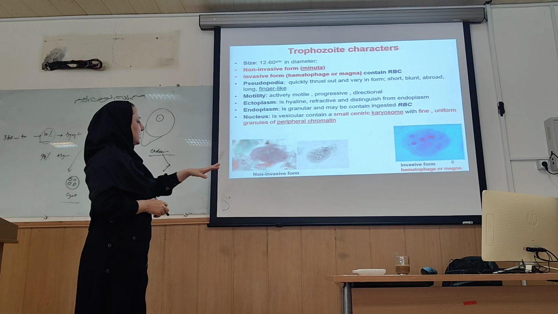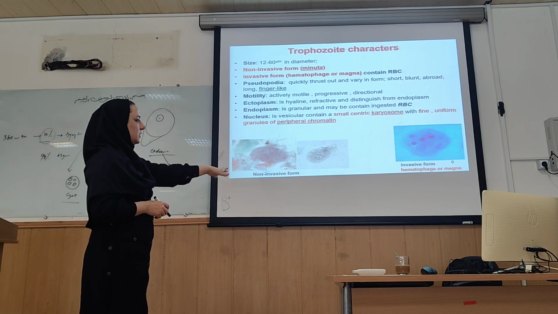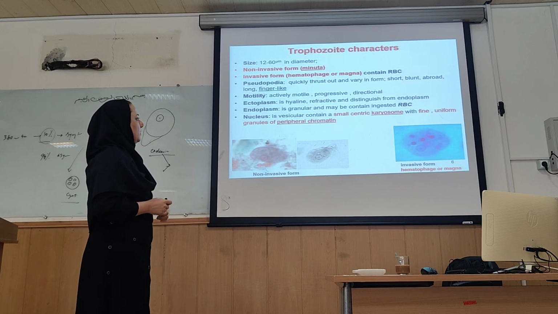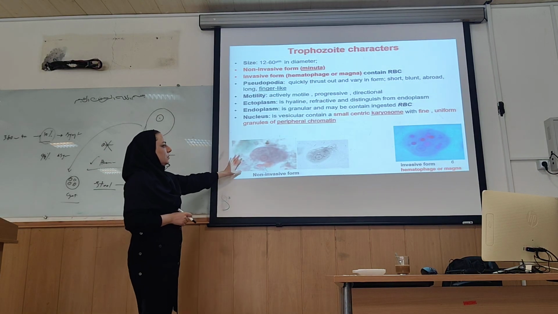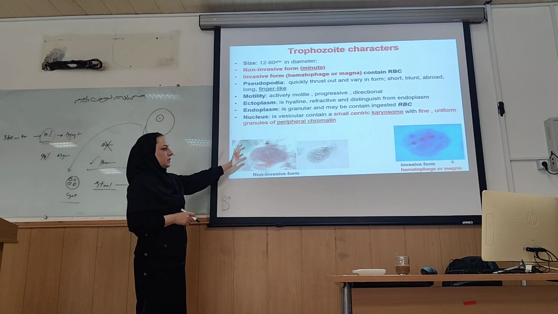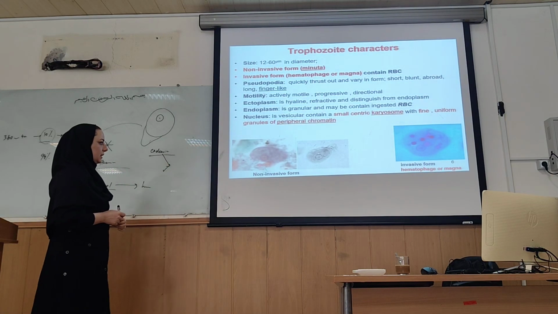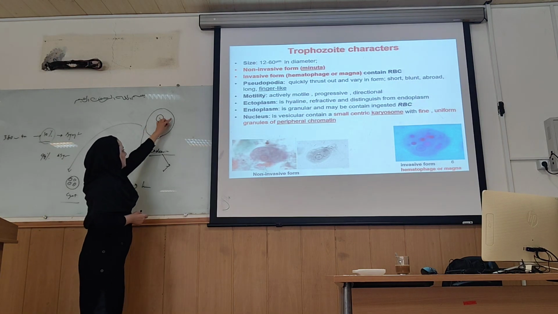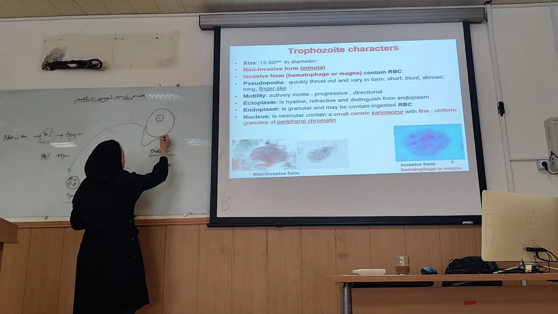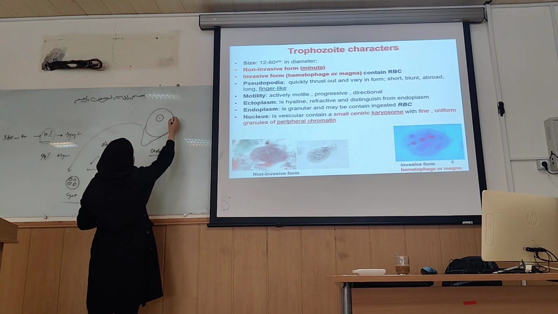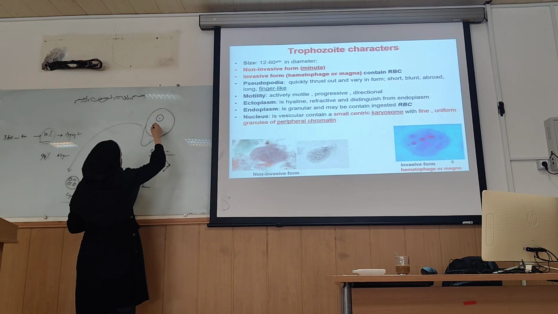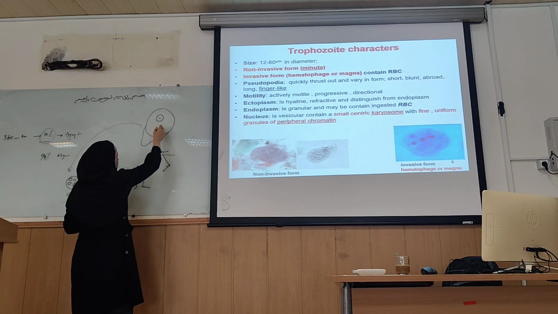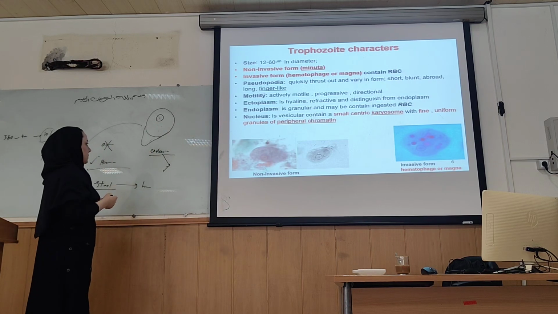The trophozoite has a non-invasive form that we call minuta, and also the invasive hematophage form. You should memorize that specifically for your practical class. They have an ectoplasm, the outside, which is hyaline, and the endoplasm, which has some vacuoles and some granules.